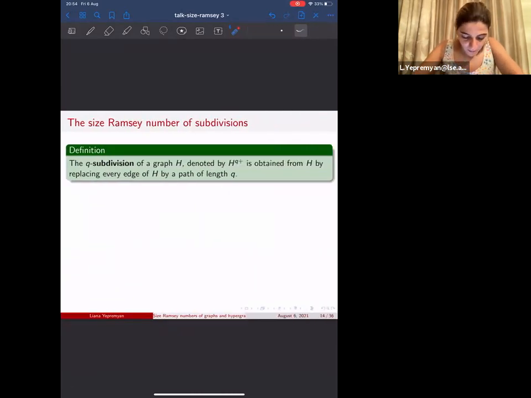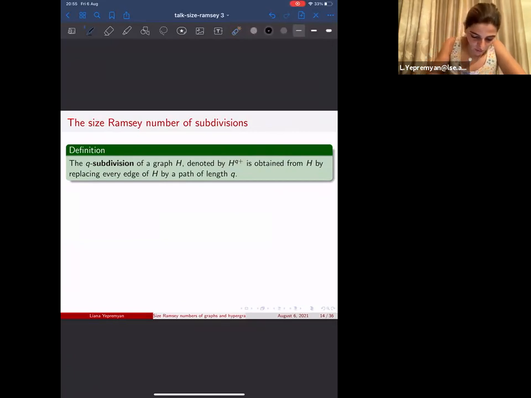Okay. And the last family of graphs that I would like to discuss is the size Ramsey number of subdivisions. So what's a subdivision? The q-subdivision of a graph H, which I will denote by H^{q+}, is obtained from H by replacing every edge of H by a path of length q.